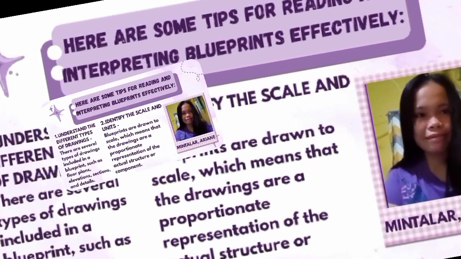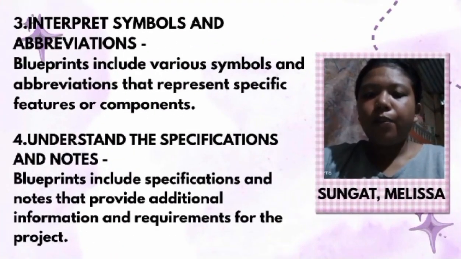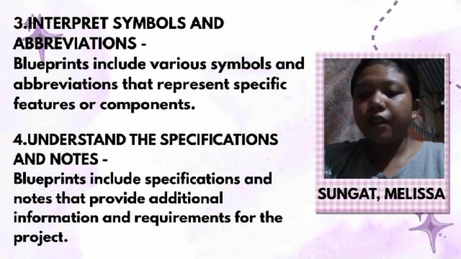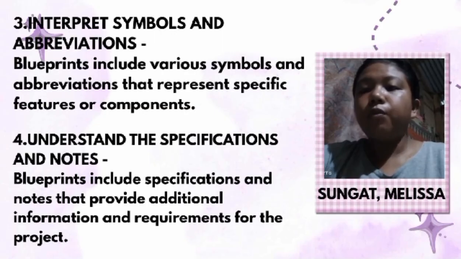3. Interpret symbols and abbreviations. Blueprints include various symbols and abbreviations that represent specific features or components. When reading a blueprint, you will see many symbols and abbreviations instead of full words.